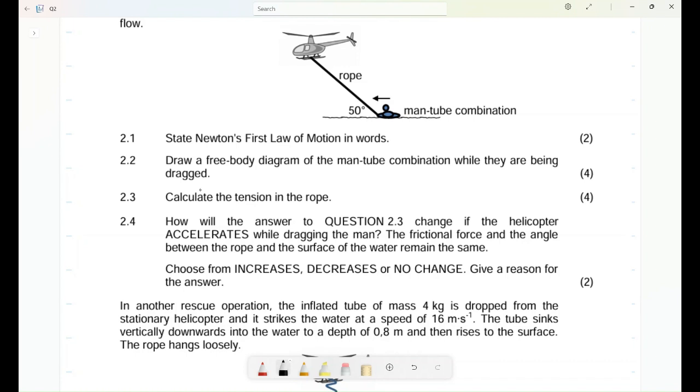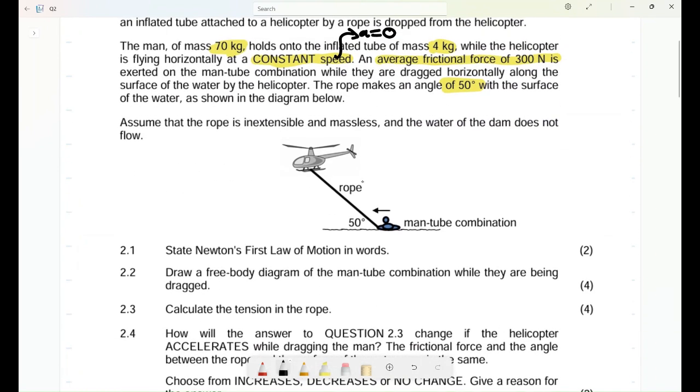2.2 says draw a free body diagram of the man-tube combination while they are being dragged. Now, for the free body diagram, I can say this is my body. From the tension, this is my body. FG, normal force, like that. So it's going to be something like this. My free body diagram will be like so.